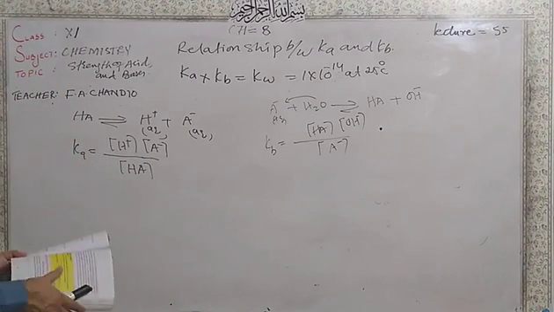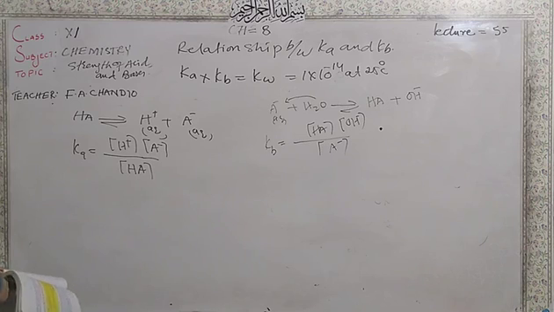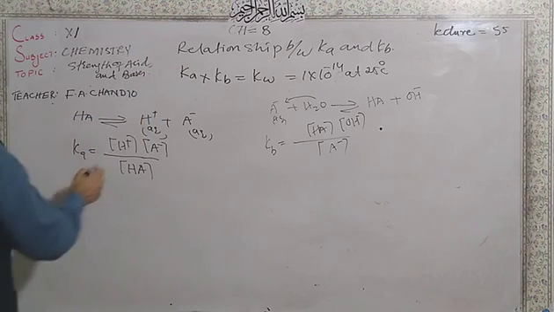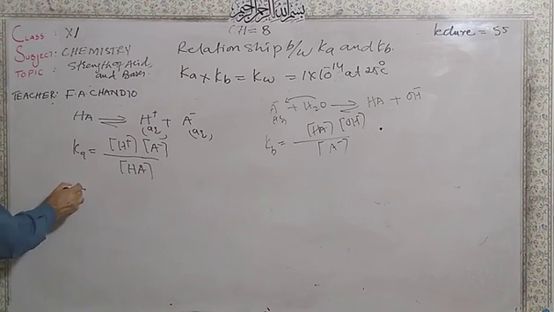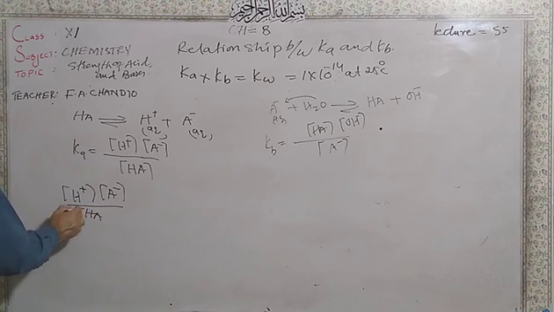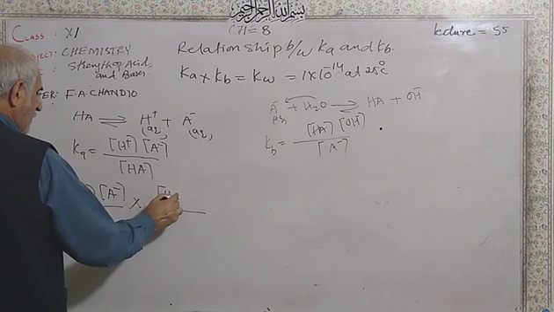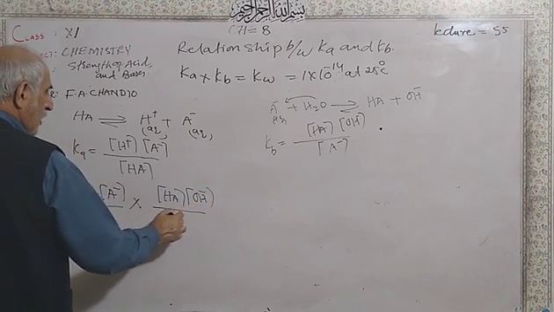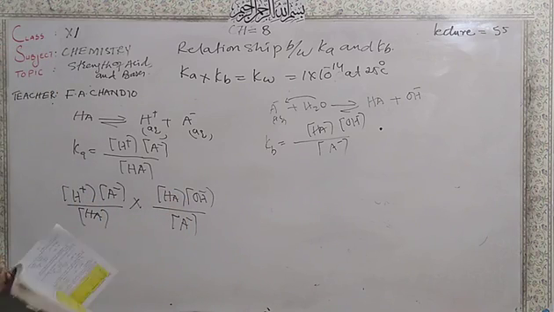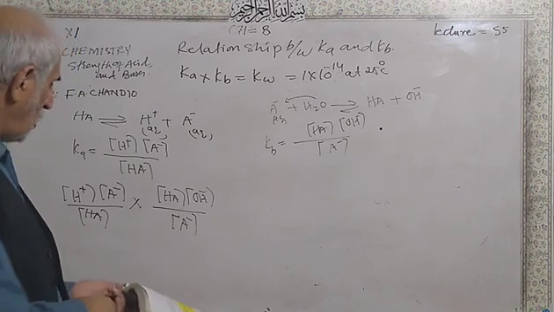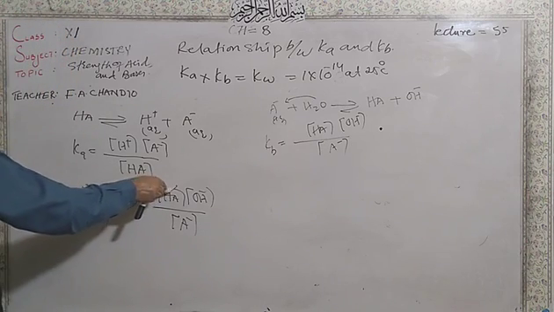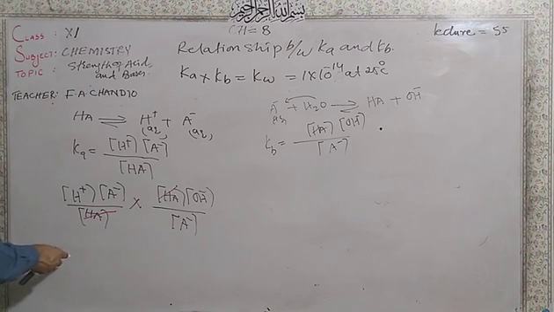Now you have Ka multiplied by Kb. Put the value of Ka here: hydrogen ion concentration times acetate ions divided by the concentration of acid. Then for Kb, the concentration of the acid times the concentration of OH divided by A. You can see that HA and HA cancel, and A and A cancel.